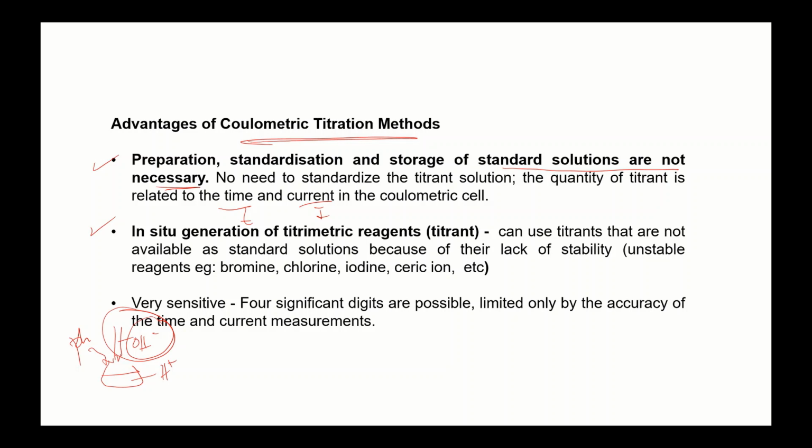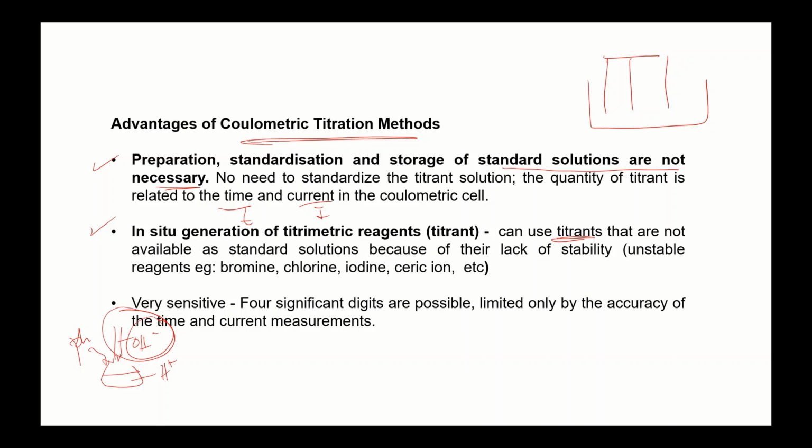The second advantage of using this method is in situ generation of the titrimetric reagent. In secondary constant current coulometry, or coulometric titration, the reagent is generated in situ from a precursor.